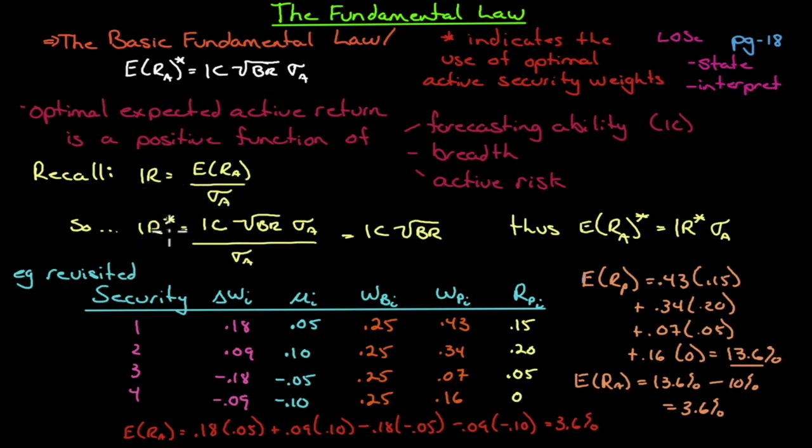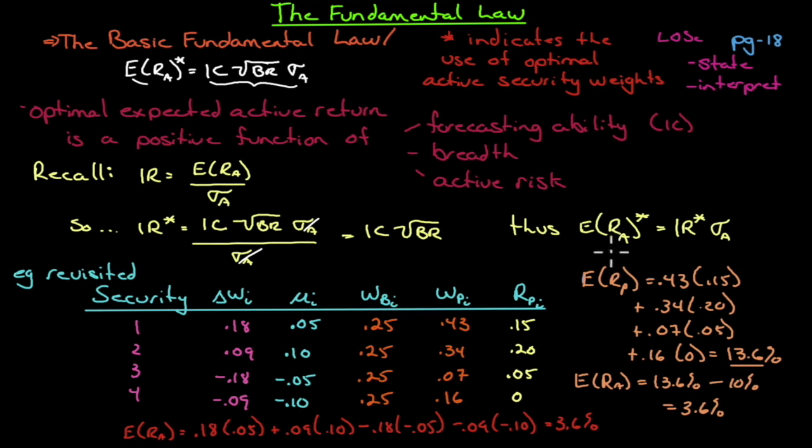So the optimal information ratio, look over here. This is expected return. This is optimal. This is the use of optimal expected return equals all of this. So we can substitute that into the information ratio as the numerator here. Well, looky. These two things cancel. So the information ratio using optimal weights is equal to IC multiplied by the square root of BR.